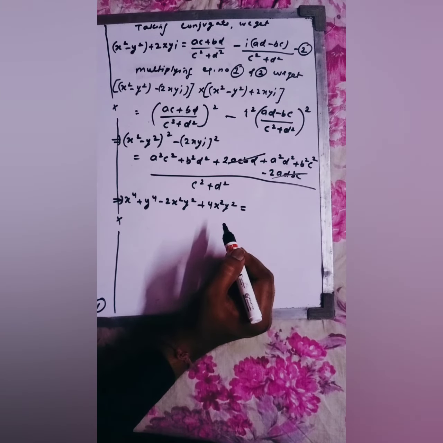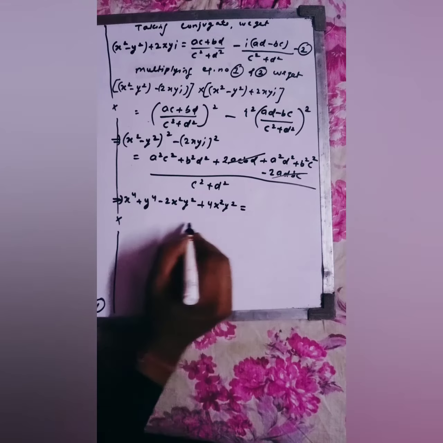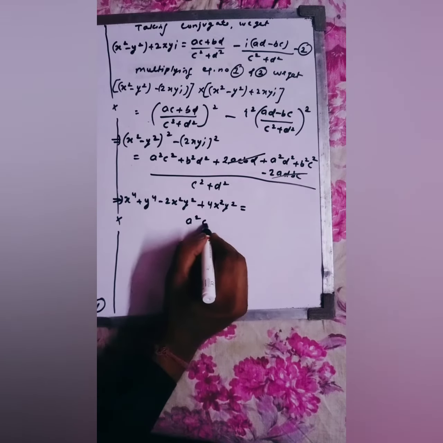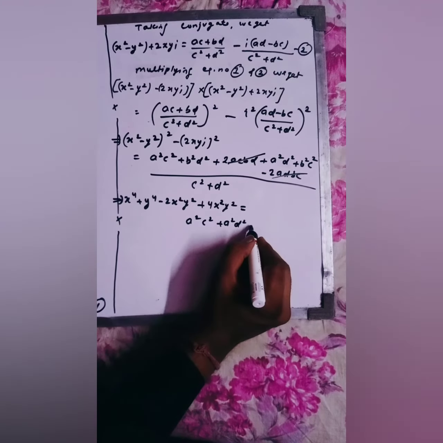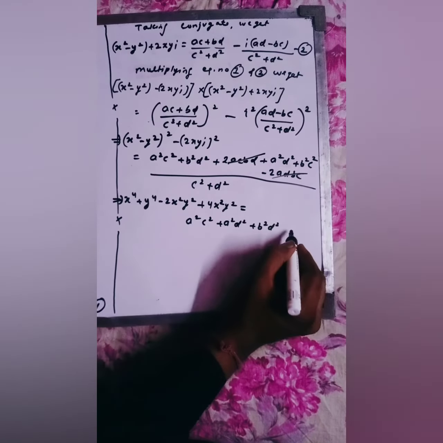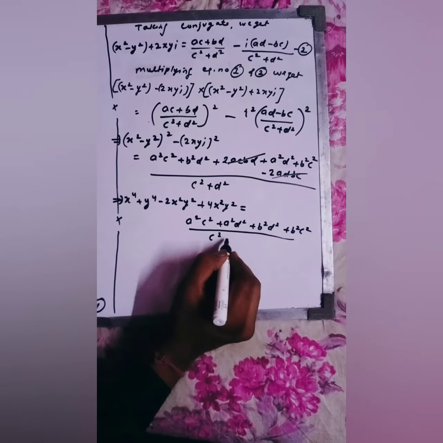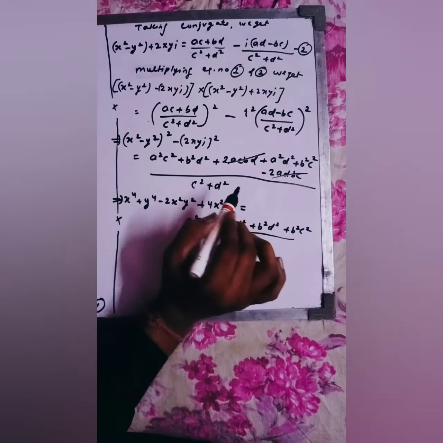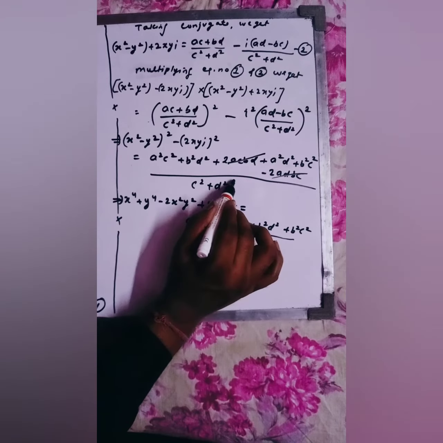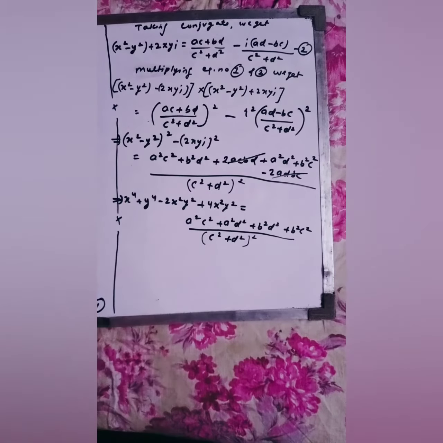And here these four terms you have to write: a square c square, a square d square, b square d square plus b square c square over c square plus d square, and in the denominator you will get whole square. It was missing, so I am writing this here.